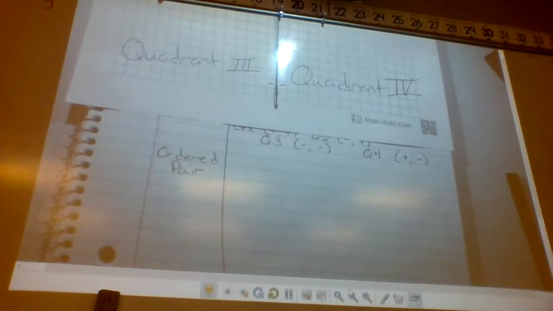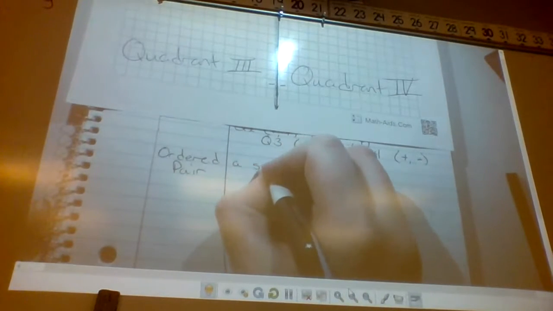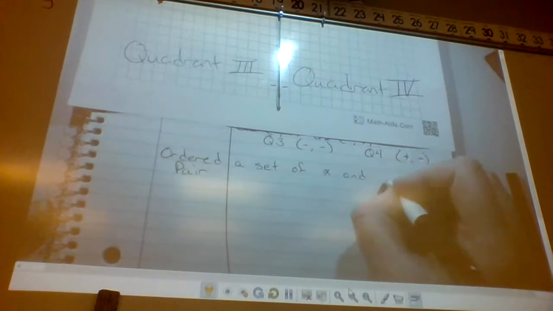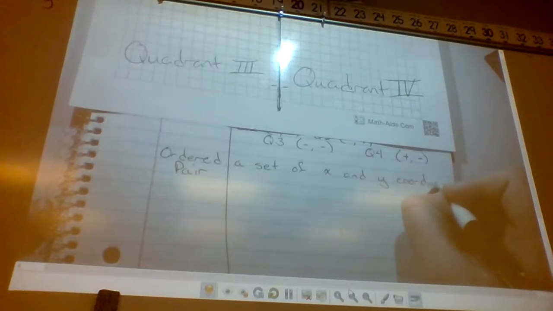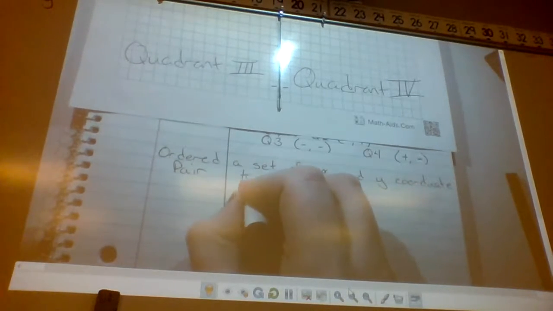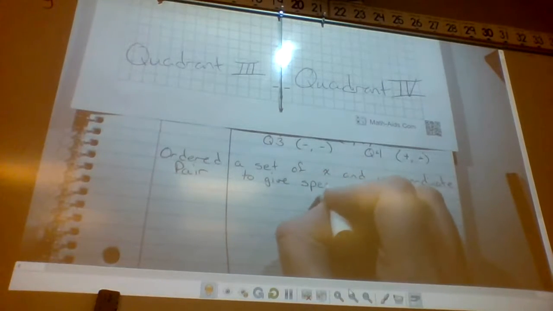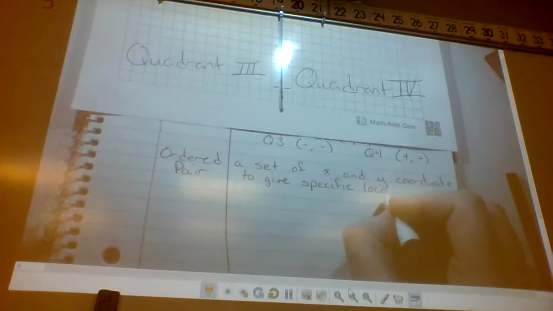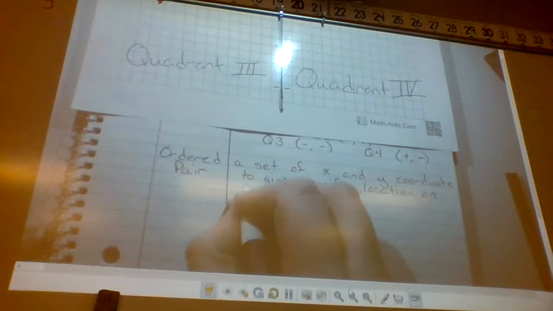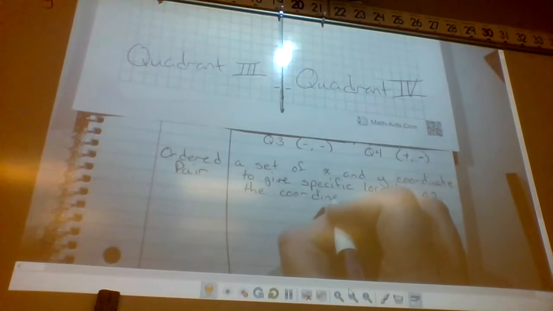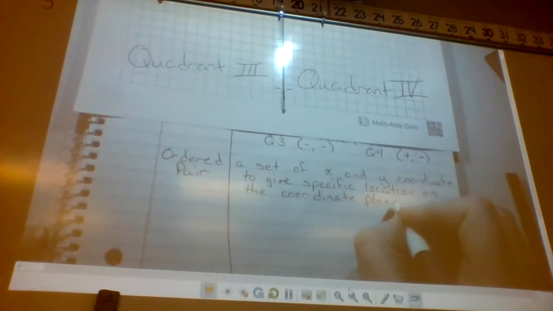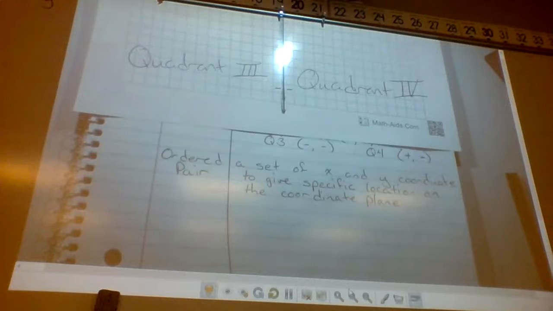So it has both the x and y coordinates, the set of x and y coordinates to give a specific location on the coordinate plane. They are always, always, always going to be done with parentheses around them.